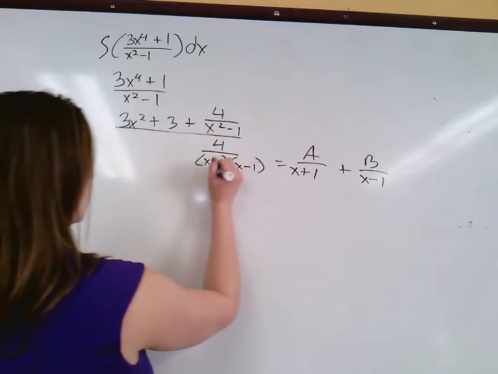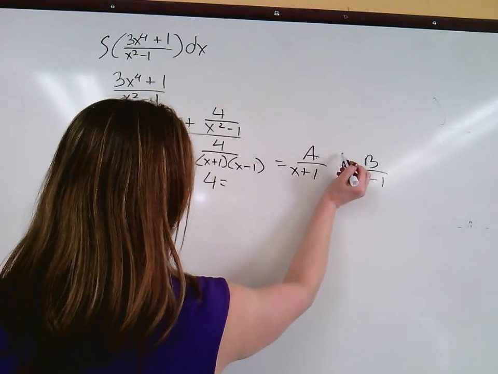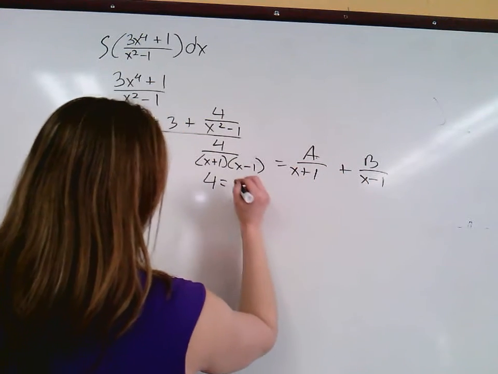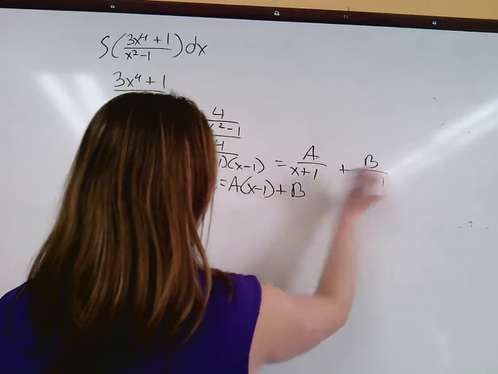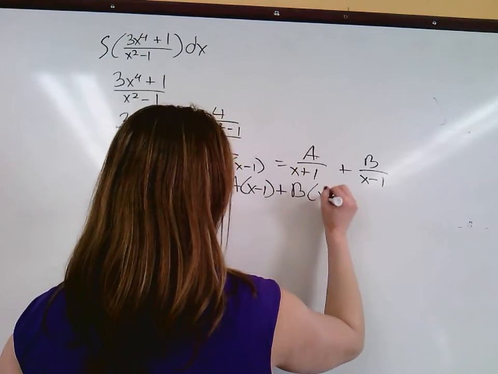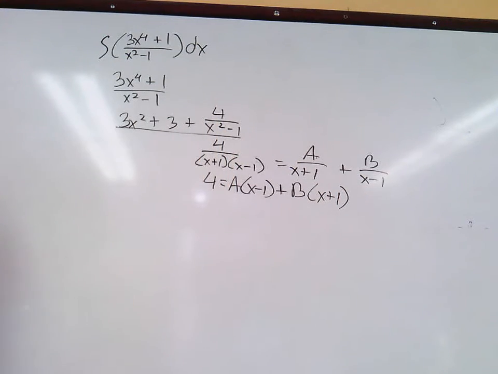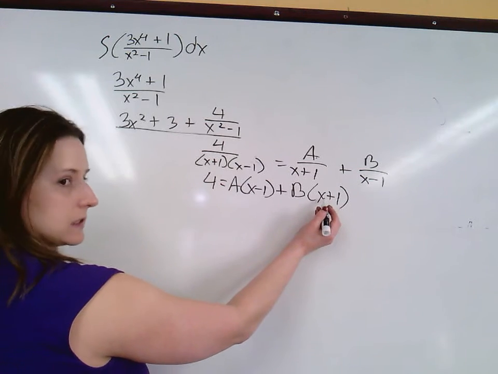So you're going to have 4 equals, so x plus 1 times x minus 1, the x plus 1 is going to cross out. So you have A times x minus 1 plus B, x plus 1 times x minus 1, the x minus 1 crosses out, so you have x plus 1. Now to find A, you need to make B 0. So to make that 0, you need a -1.